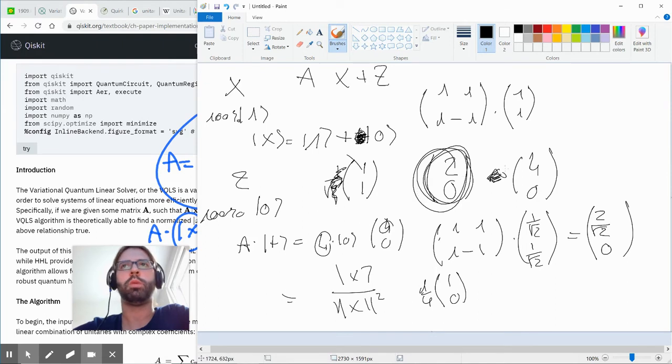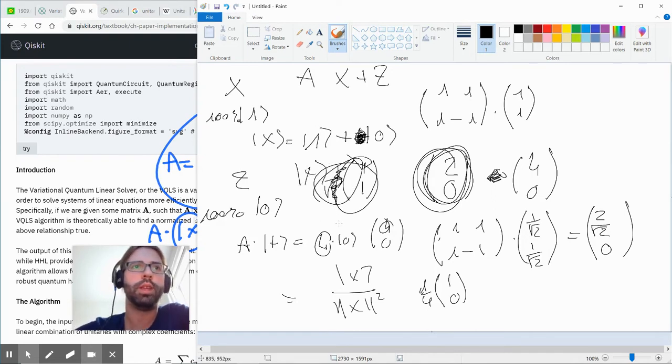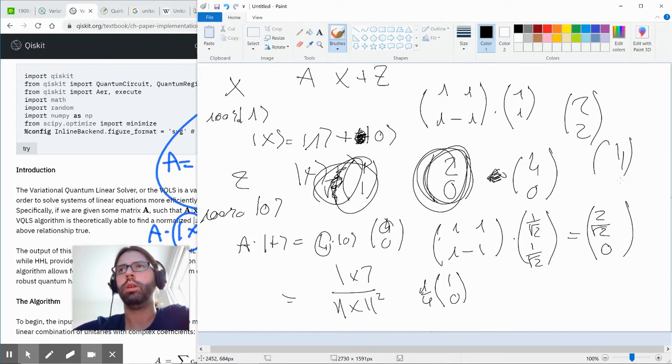And this is just proportional to that, but how do I know what the proportion is? Because that's definitely something that would need to be added to my X, to then say, hey, here you go, that's a solution, right? Because my solution is 2, 2. But I found 1, 1.